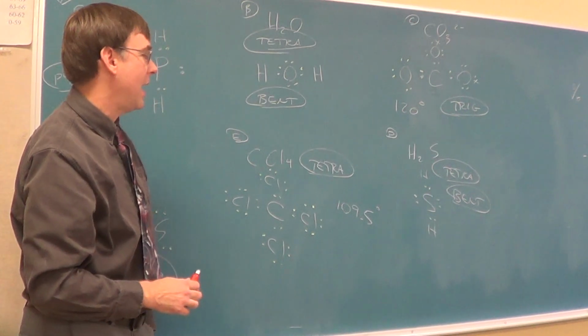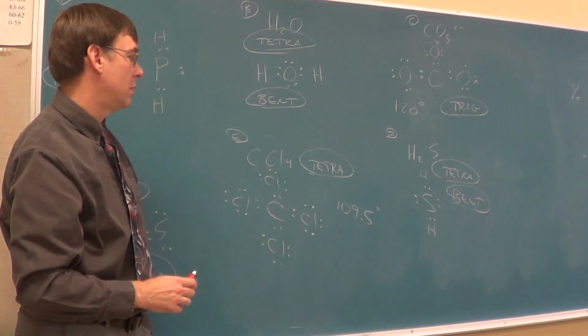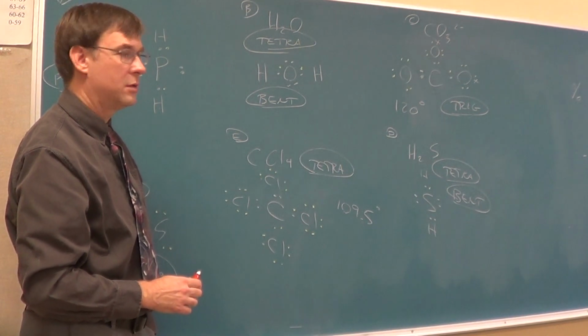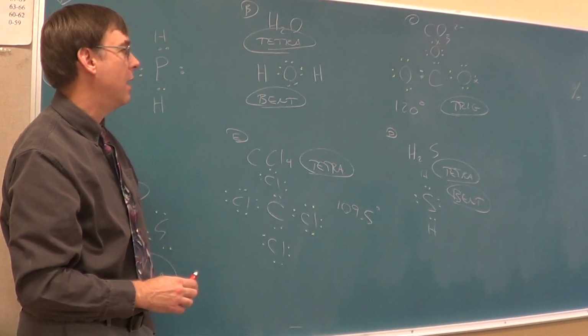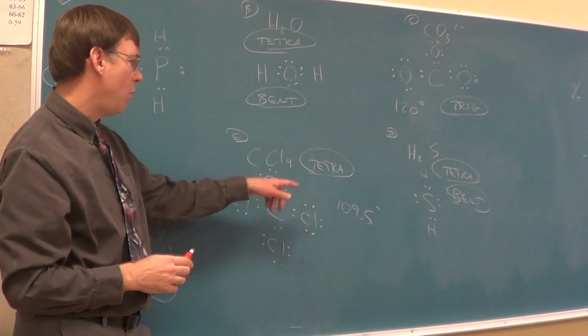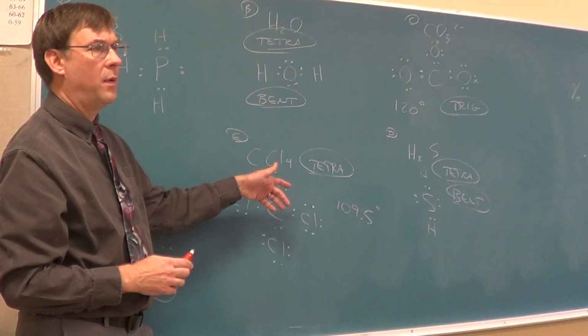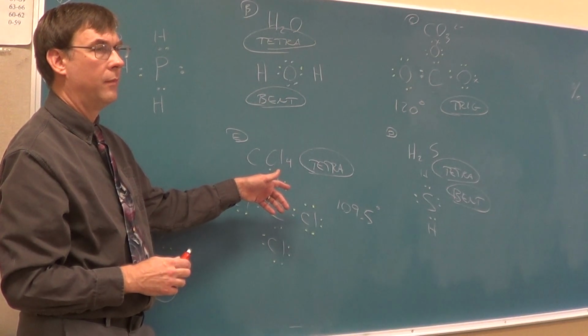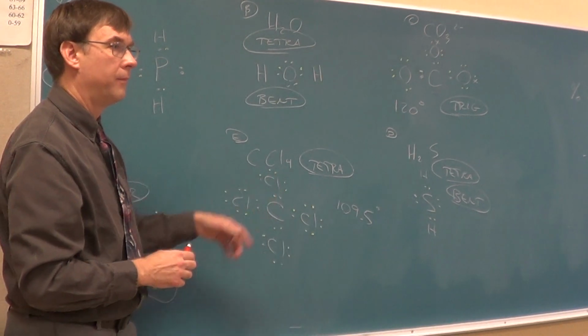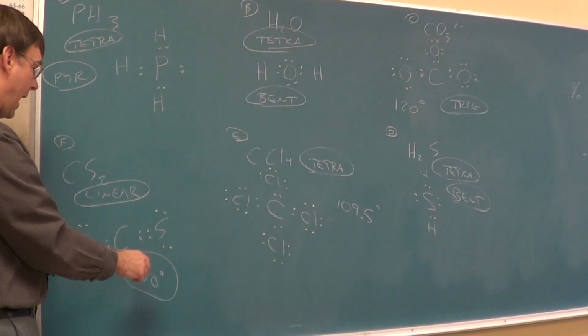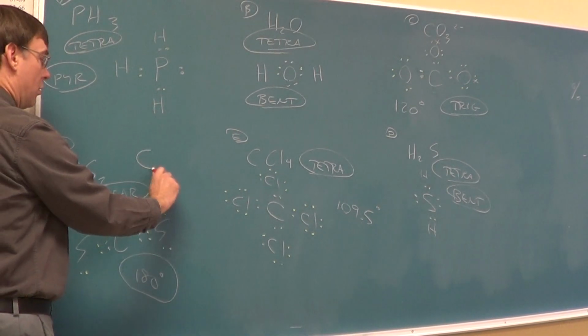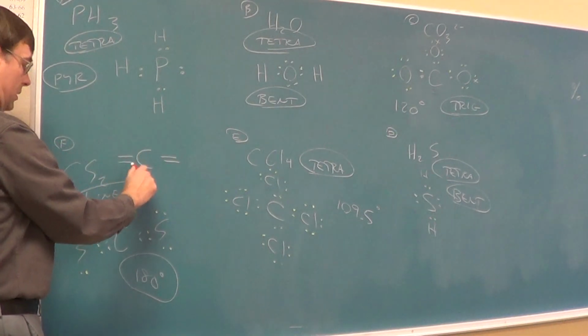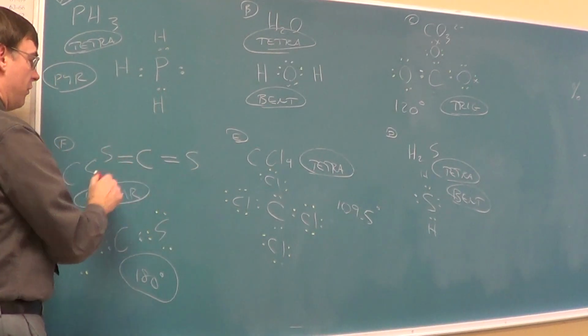I can't explain the geometry to you because I don't want to, and you don't want to hear it. But what's going to go on with these tetrahedrals? Did anybody pick up on what's happening to them? This would be a pretty accurate drawing if I go carbon, double bond, sulfurs.